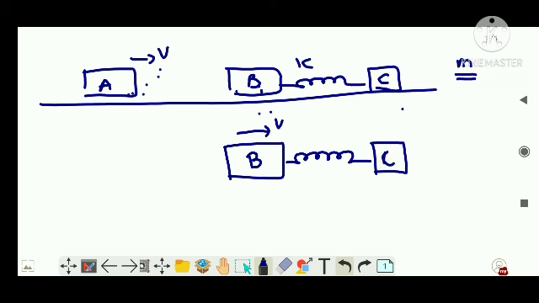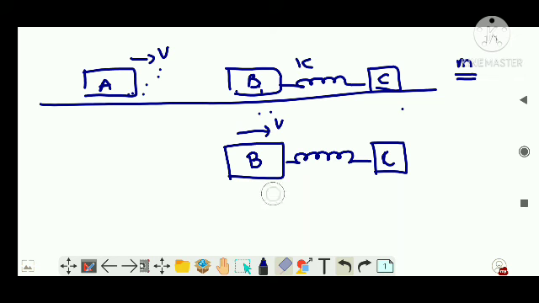Now when B moves with velocity v, will it not compress the spring? Yes. Then the spring will also act with a force against the force or velocity applied by B. That is known as spring force, which is equal on B and C. I hope you understood the scenario.